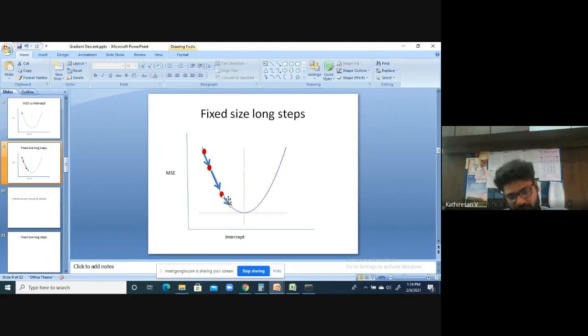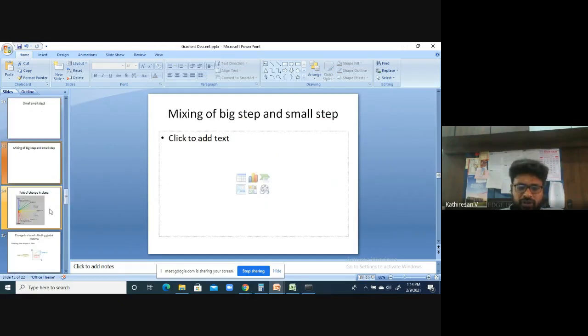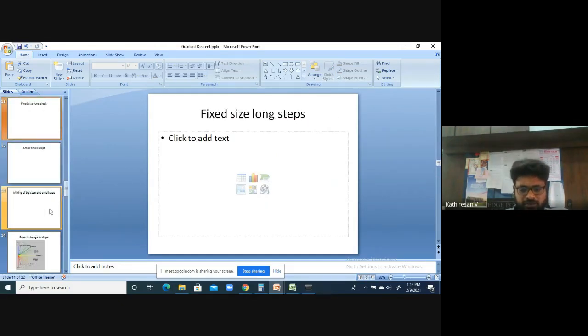So here you have to take smaller steps, or baby steps. In order to take smaller steps, you have to identify the direction of the curve, and to identify the direction of the curve, you have to find the slope of a point. How we are dealing with the slope of a point and how we are solving this problem, we are going to see now.